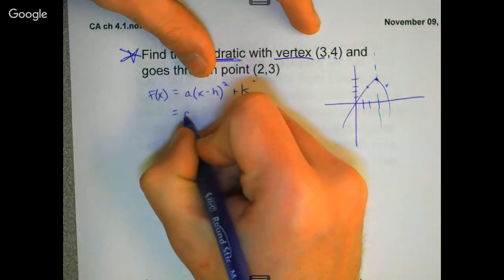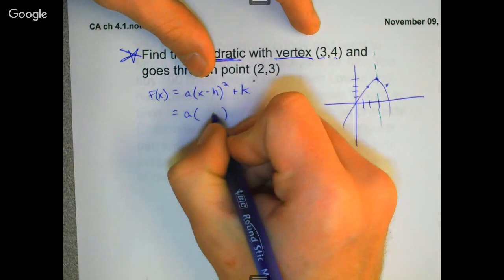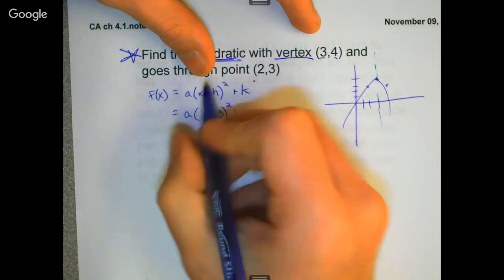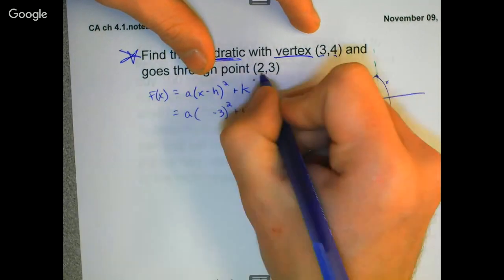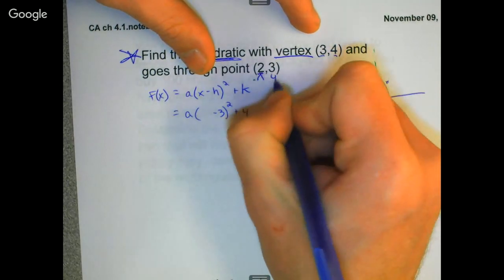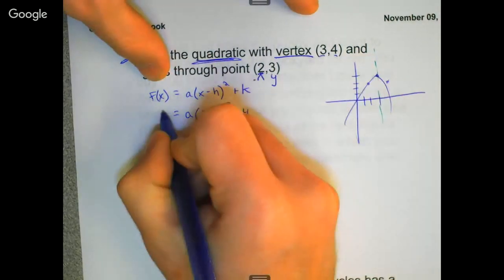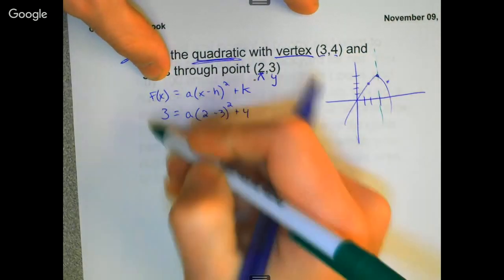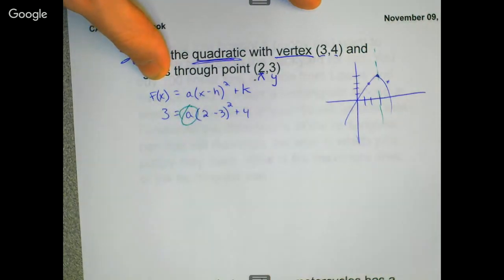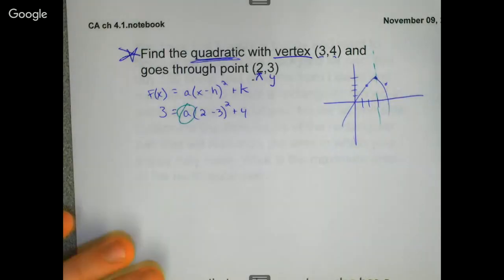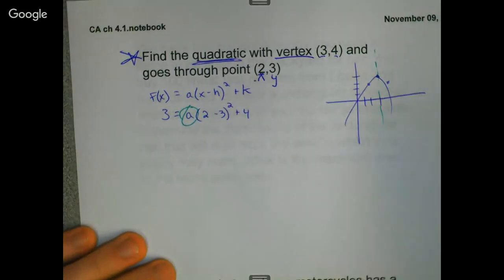So a times (x minus 3) squared plus 4. I do not know what a is, but I have an x and a y. So I'm going to plug in x, which was 2, and y, which was 3. And now I can solve for that a value. I can solve for how much this is shrunk or compressed vertically toward the x-axis.